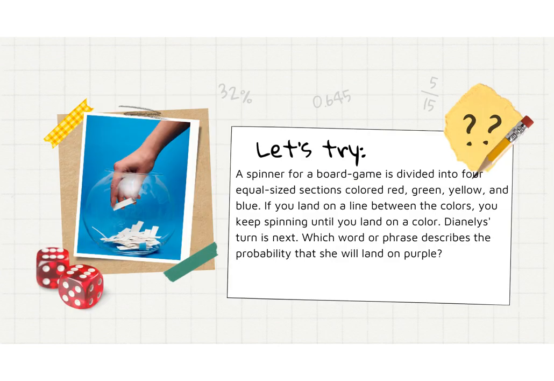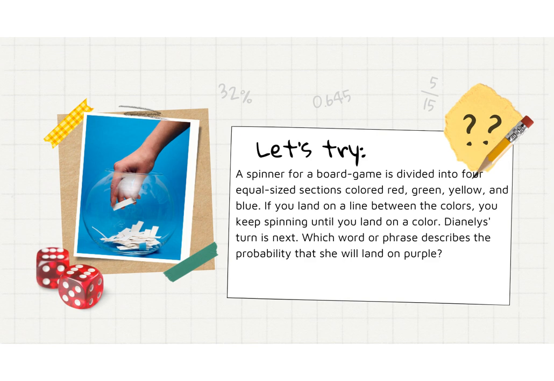So let's try an example. We have a spinner on a board game that is divided into 4 equal-sized sections colored red, green, yellow, and blue. If you land on a line in between the colors, you keep spinning until you land on a color. Dianalis, her turn is next. Which word or phrase describes the probability that she will land on purple?